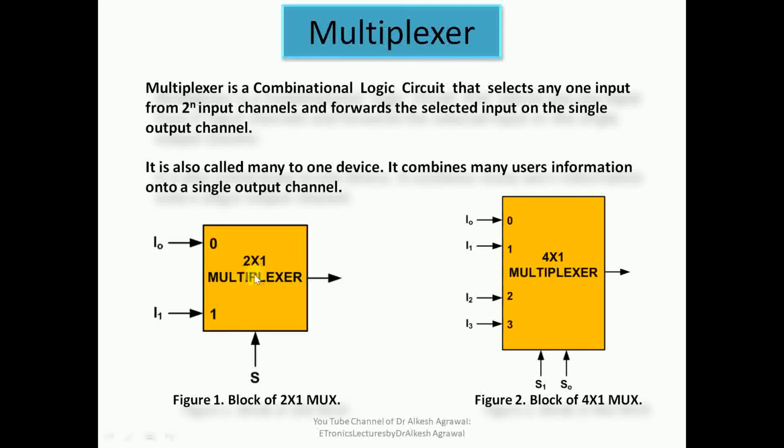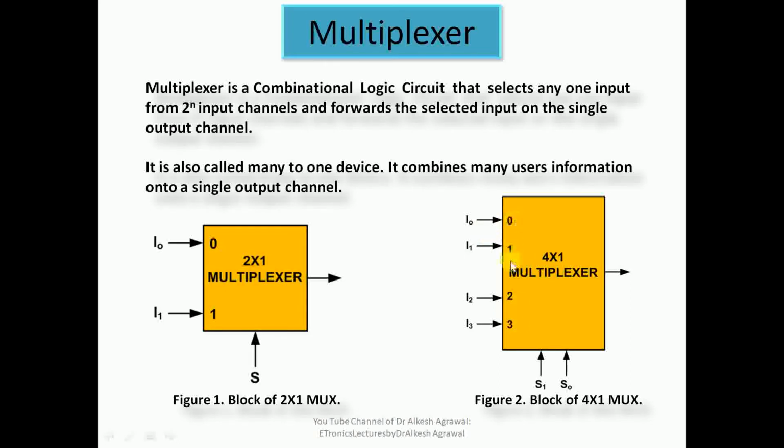Now the number of input channels is a power of 2, 2 power n. Here the power is 1, so we have two channels. Here 4 can be written as 2 power 2, so we have 4 input channels, numbered 0, 1, 2 and 3.